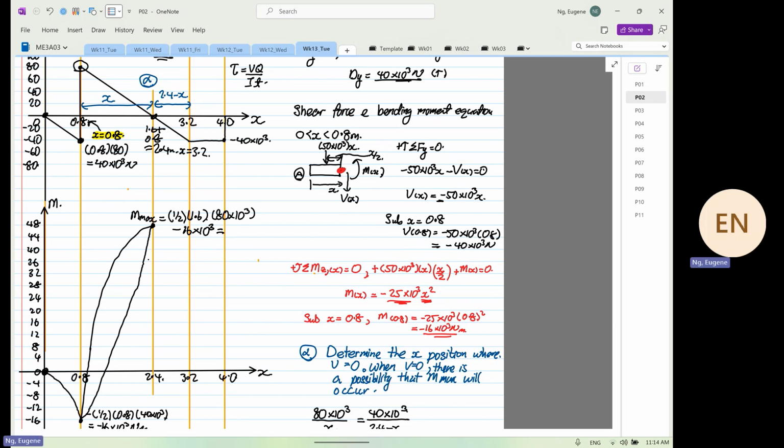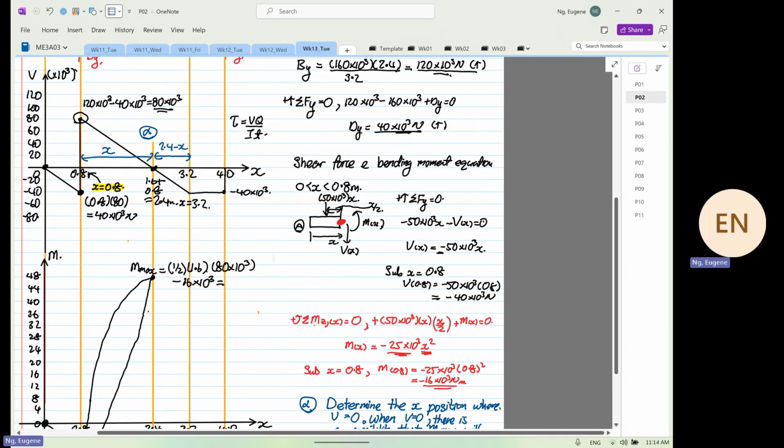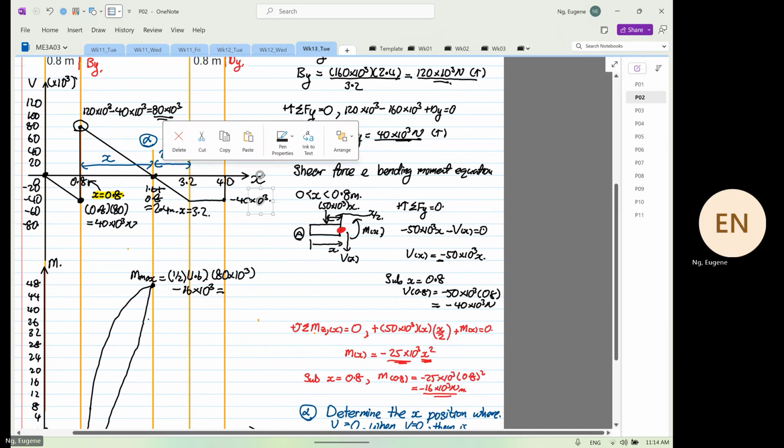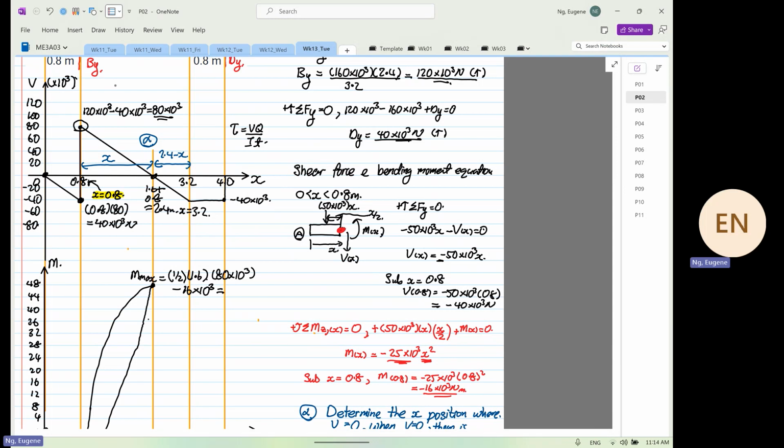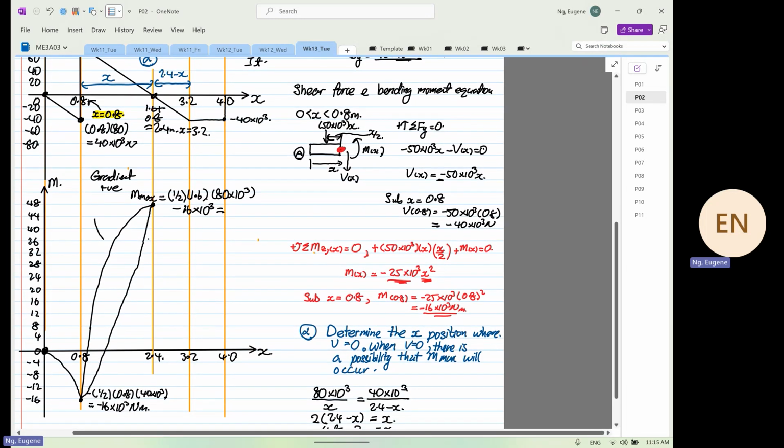This is because when the shear force magnitude is positive, the gradient is what? Positive. So a positive gradient belongs to this curve over here. Yes or no? Okay, so this is wrong.